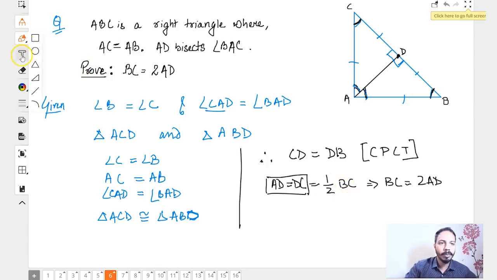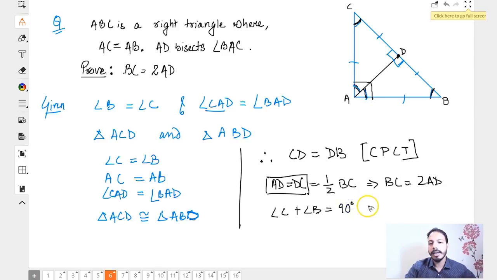That is very simple. One way is to think that, see, this is a right angle triangle and this is also an isosceles triangle. That means this angle is 90 degree and this angle is equal to this angle. So angle C plus angle B is equal to 90 degree, and angle C is again equal to angle B. That means angle C is equal to angle B is equal to 45 degree.